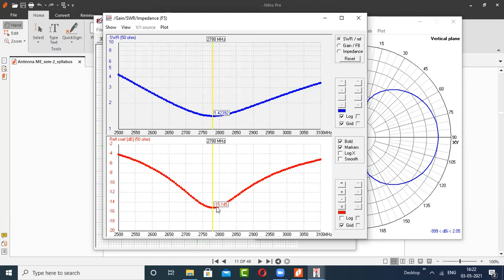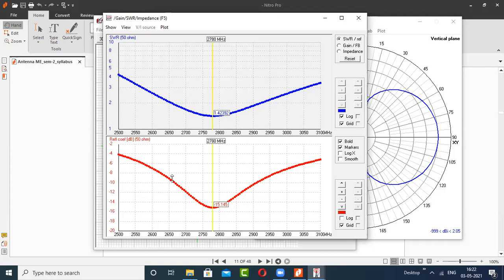So it is coming at minus 15.145 dB. You can use the left and right arrow keys, and you can check whether that data is correct. So this is the highest value. And the frequency is 2.78 gigahertz. This is the frequency at which your antenna has got tuned. The resonant frequency.